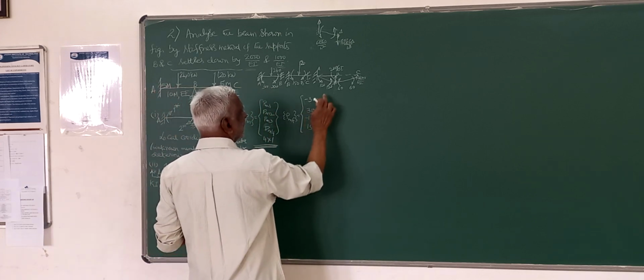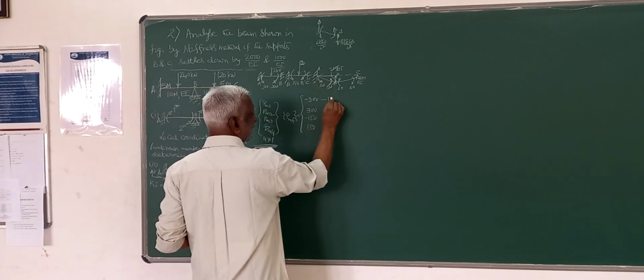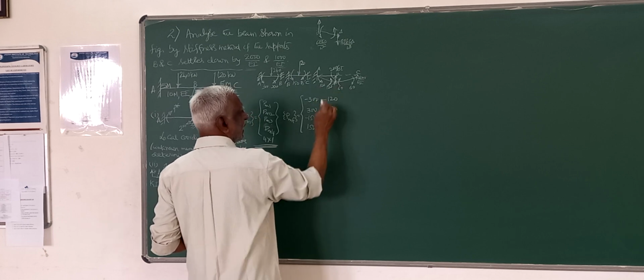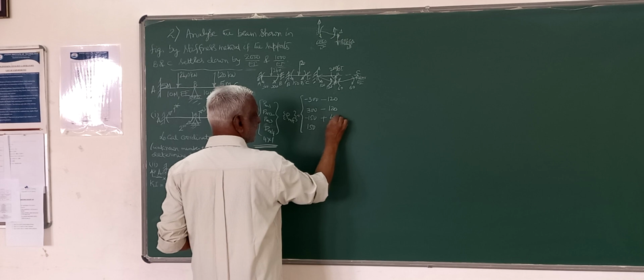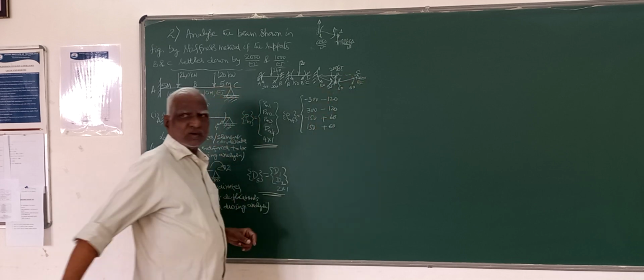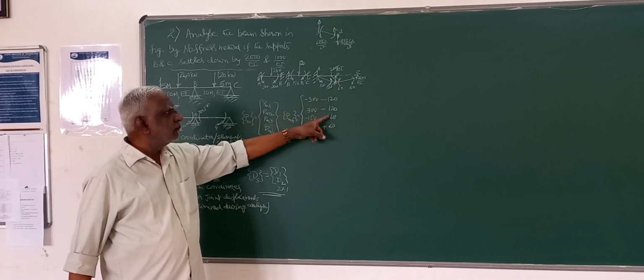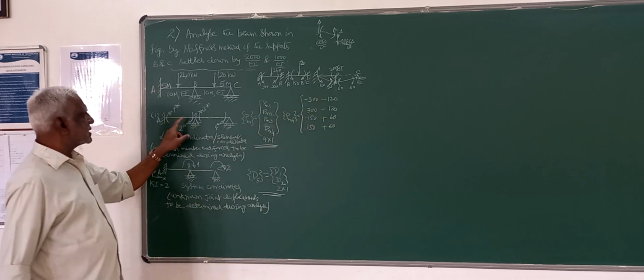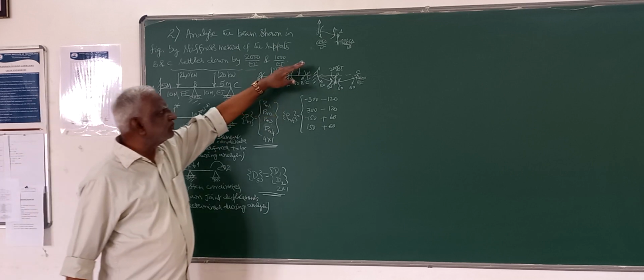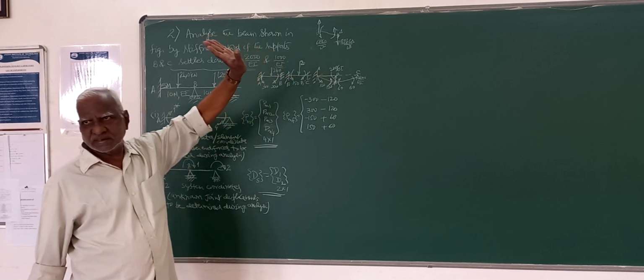So here PM1 is minus 120, PM2 minus 120, here it is plus 60, plus 60 because it is clockwise. These are the moments generated corresponding to these element coordinates because of that settlement. That's the only change.